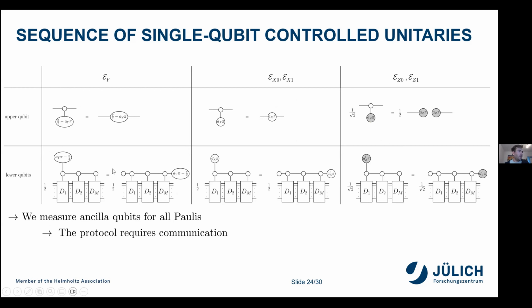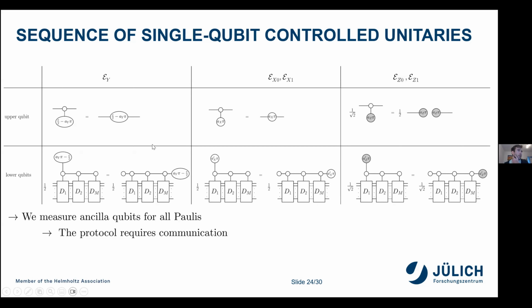And you can note that now we need an ancilla qubit for every term for the lower qubits. And we need to initialize it in plus, and then we need to measure it in the end in a certain basis. So now this means that here we cannot easily get rid of the requirement for communication because each Pauli has this measurement.